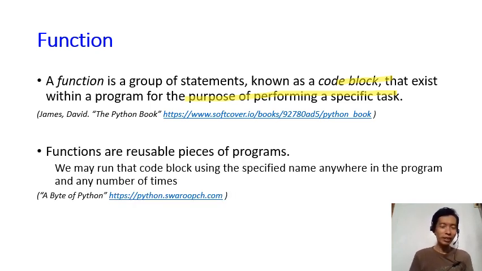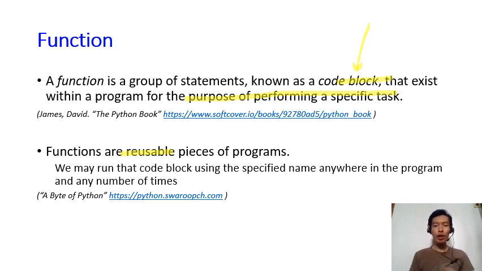Another definition says functions are reusable pieces of programs. Of course, because you already have a block with a specific function, let's say this block is used to calculate the inverse of a matrix, let's say.